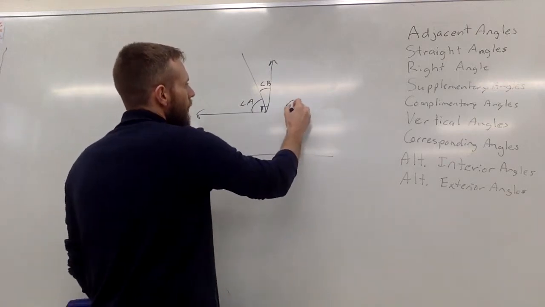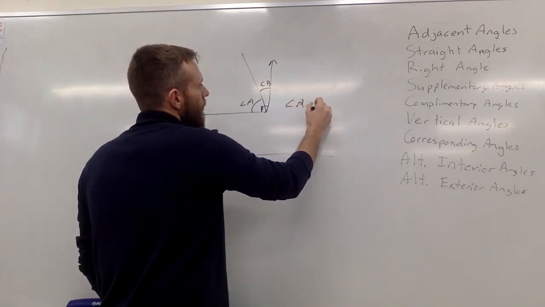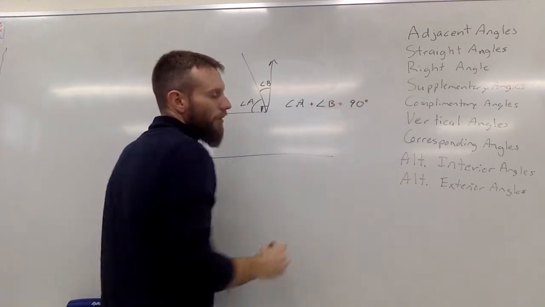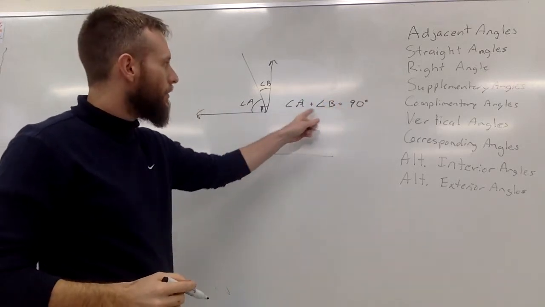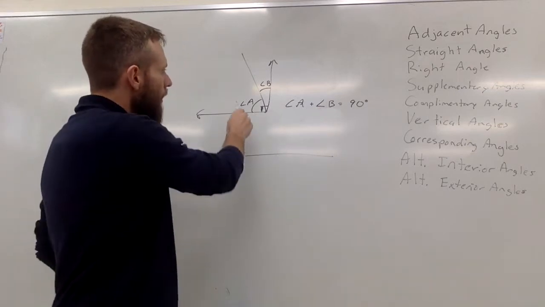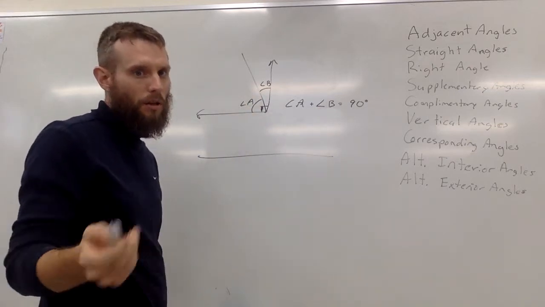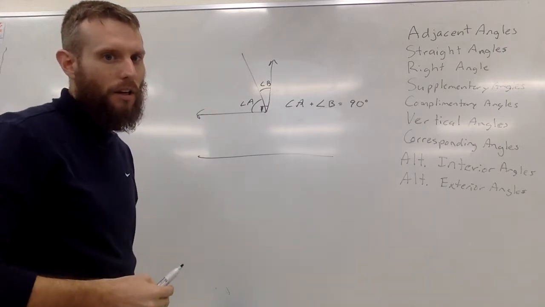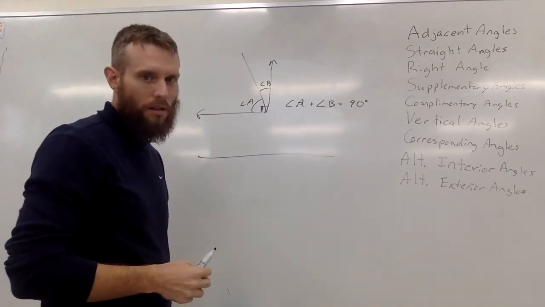Angle A plus angle B equals 90 degrees. So if angle B, for example, is 30 degrees, then we can figure out that angle A is 60 degrees, okay?